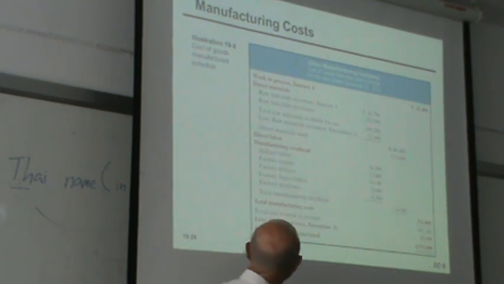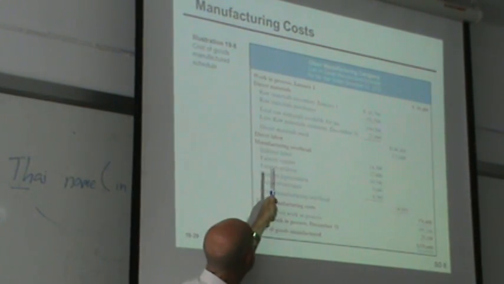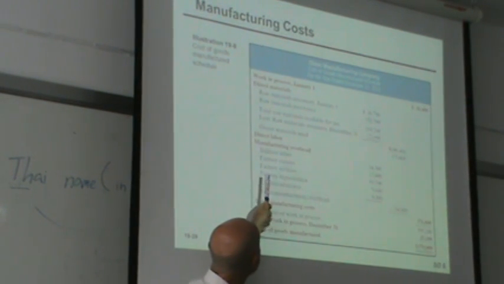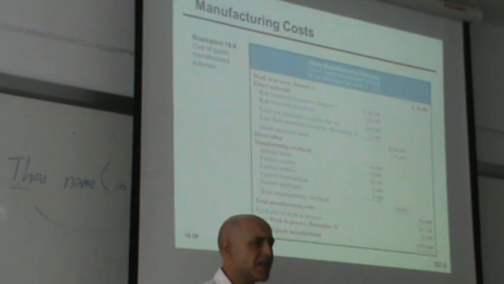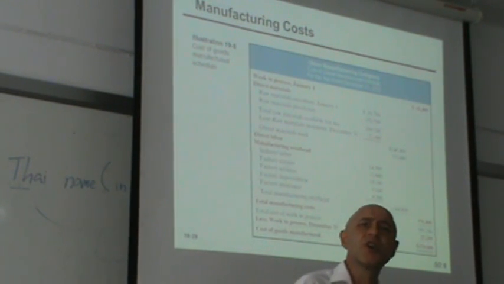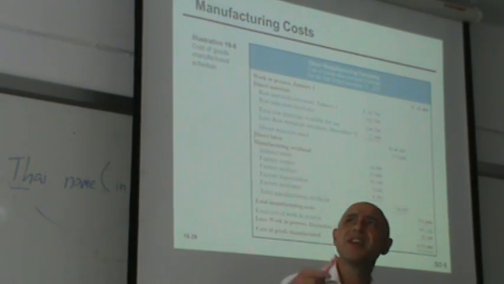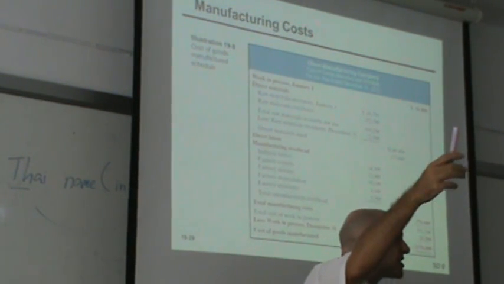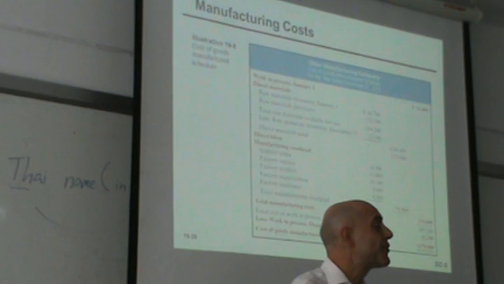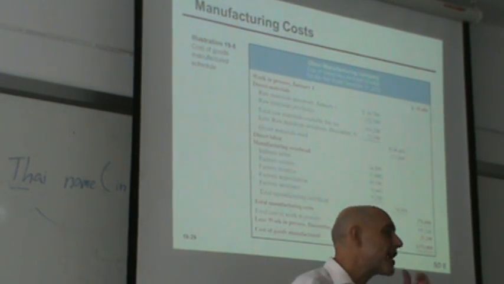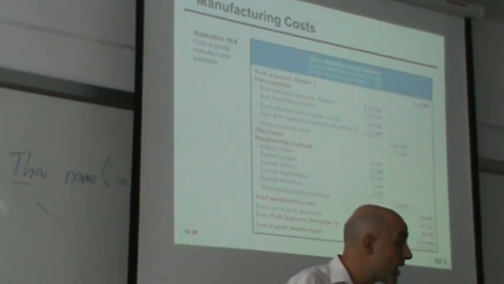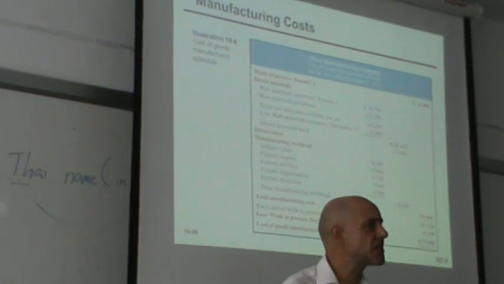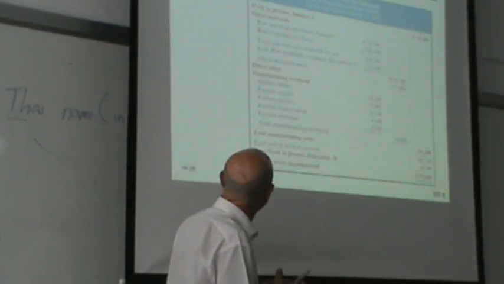So the indirect will be indirect labor. You'll have factory repairs. You're also going to have factory utilities like water, electricity, air conditioning, lights. All of these are different types of utilities. Maybe the factory phones, okay? Maybe the factory camera, the factory security system, okay?